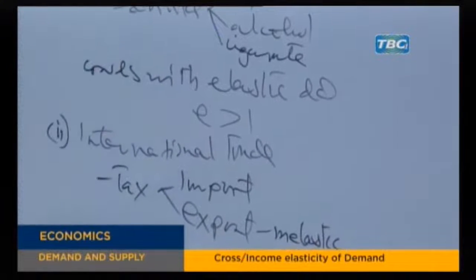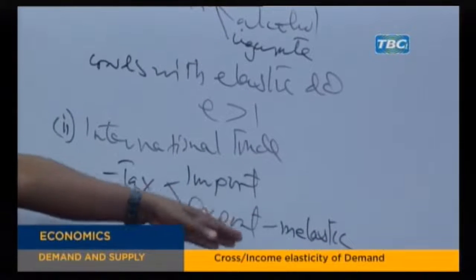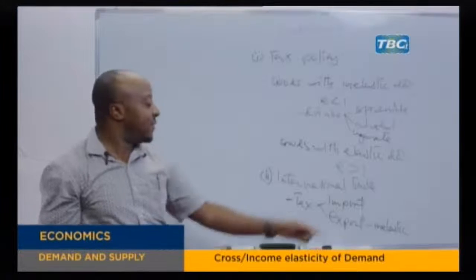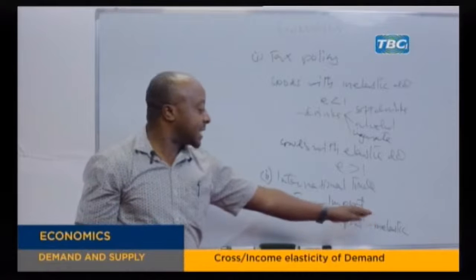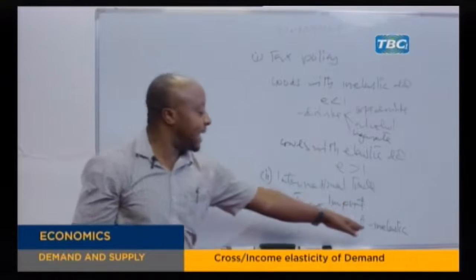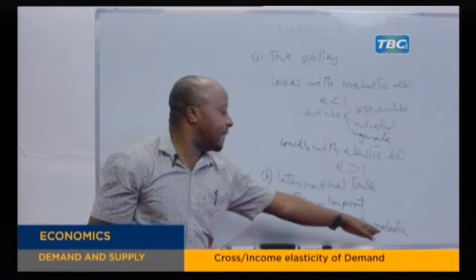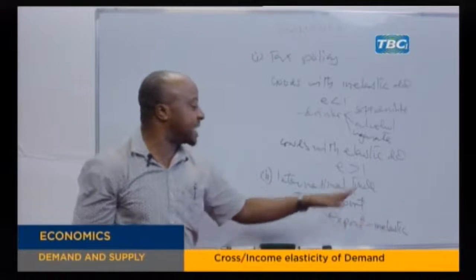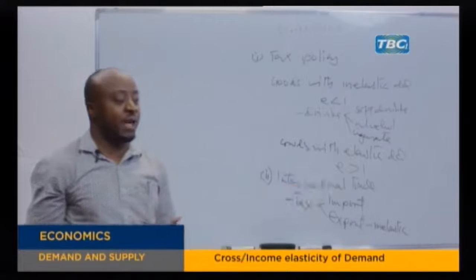That is an example. If the demand for export of a certain good is inelastic, it means if these goods are taxed heavily, it cannot affect demand, because we said for goods with inelastic demand, even when the price changes by greater proportion, we don't expect effect on the demand.